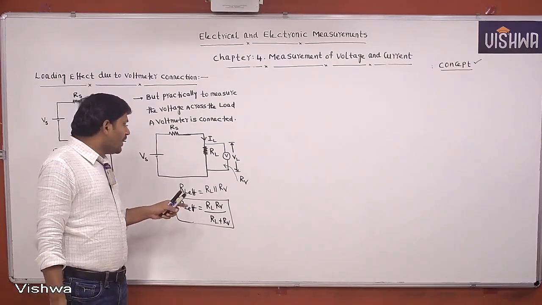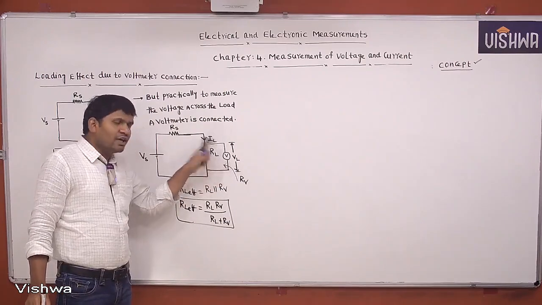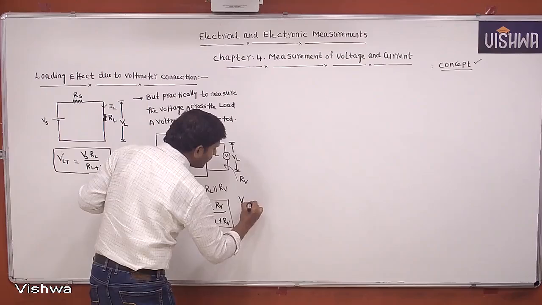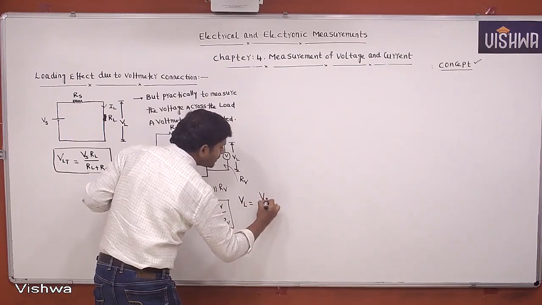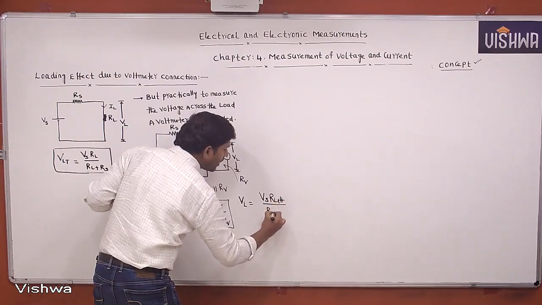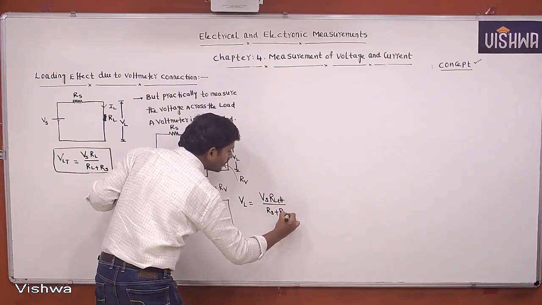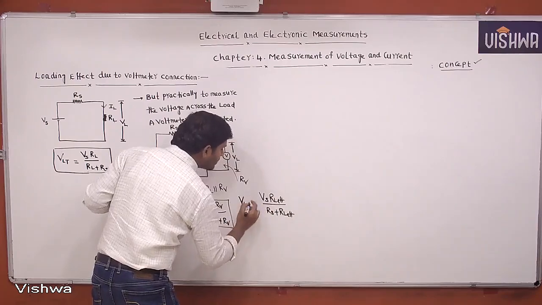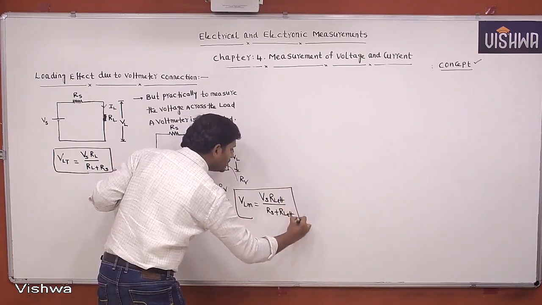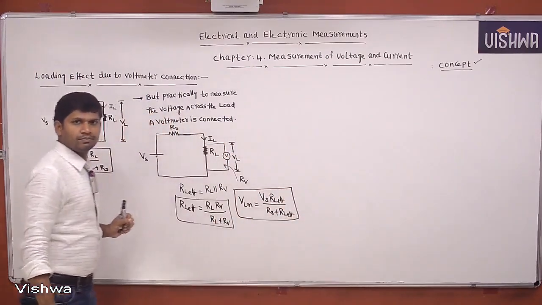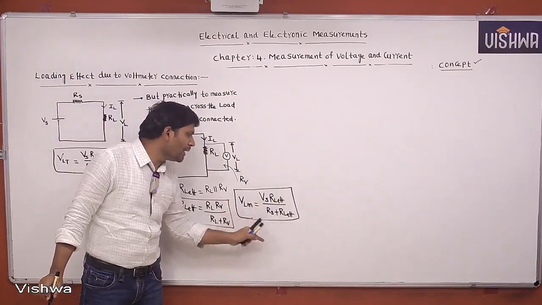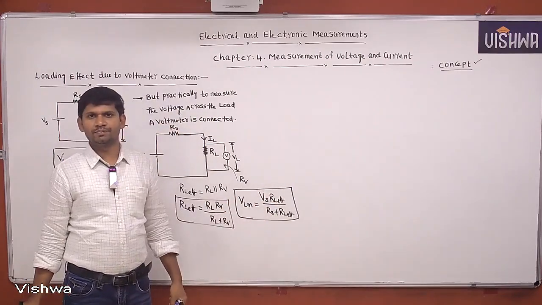What is the voltage measured by this voltmeter? VL equals Vs into RL effective by Rs plus RL effective. Whatever voltage is measured, it is not a true value, it is a measured value. VL measured equals Vs into RL effective by Rs plus RL effective.